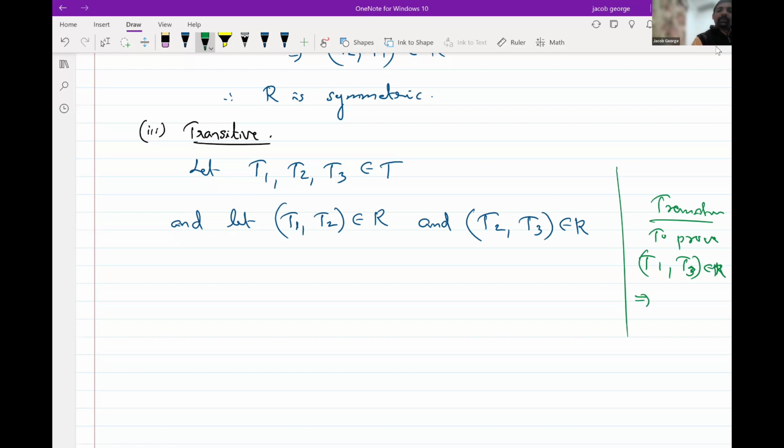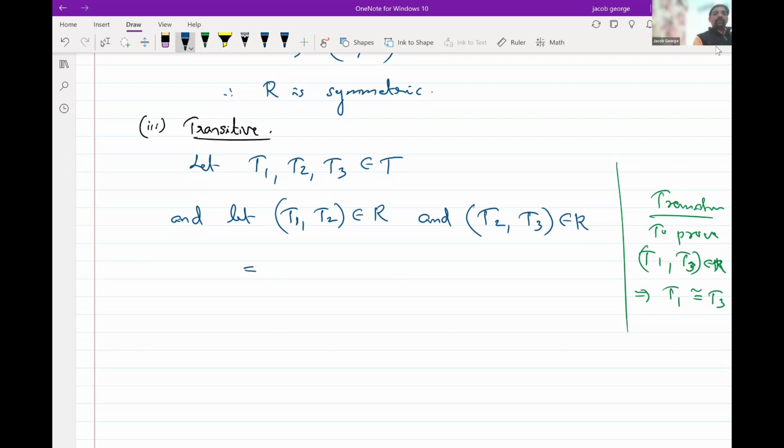For that, what you have to get as a conclusion is that T1 must be congruent to T3. Yes, that we easily get from here. T1 comma T2 element of R means T1 is congruent to T2, and T2 comma T3 element of R means T2 is congruent to T3.